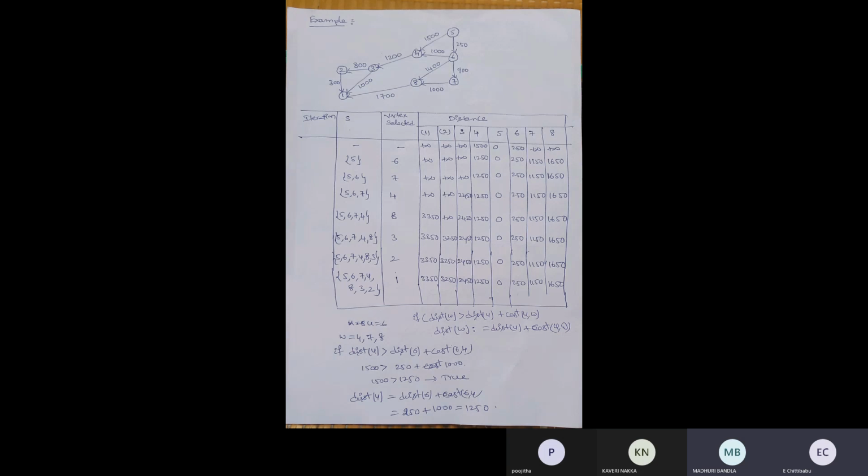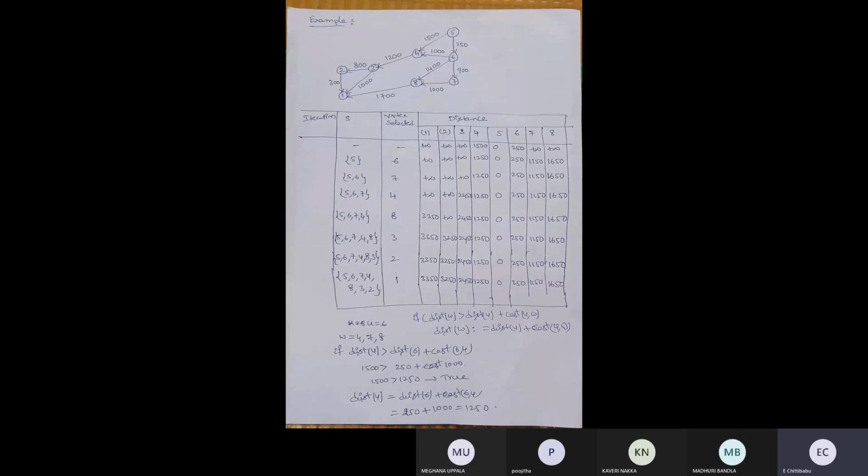Is distance of 4 greater than distance of 6 plus cost of 6 comma 4? 1500 greater than 250 plus 1000, which is 1250. Yes, the condition is true.